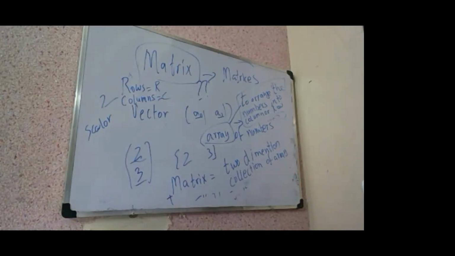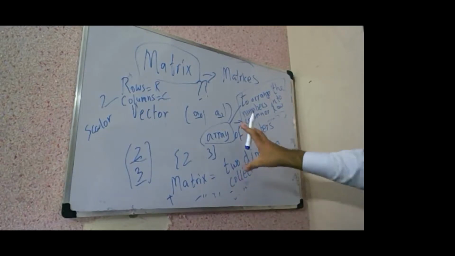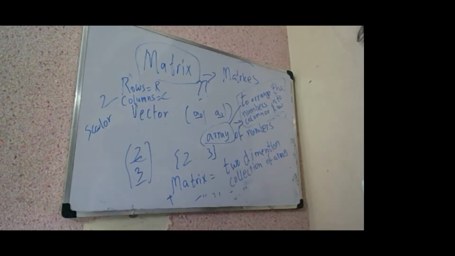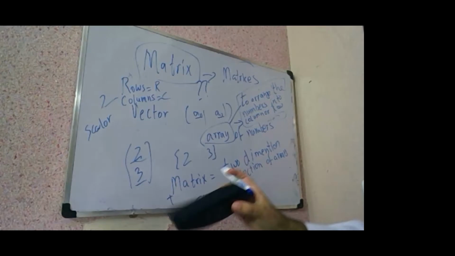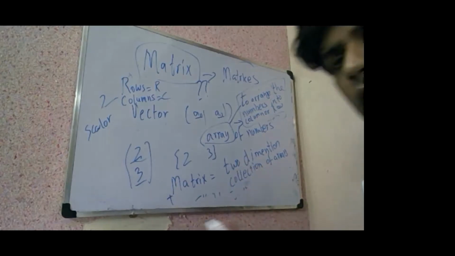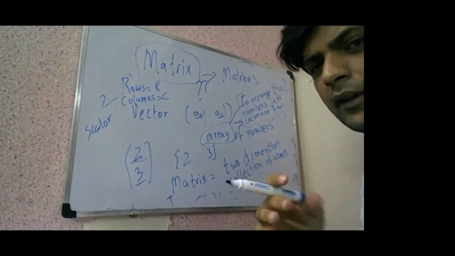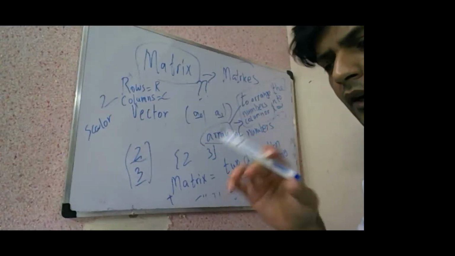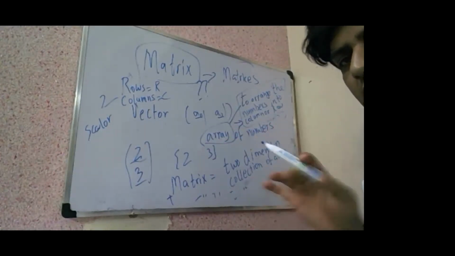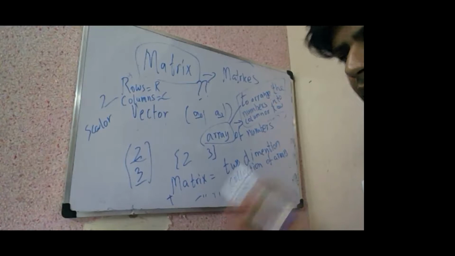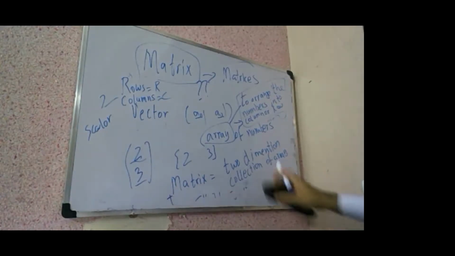In financial economics and financial analysis, we use matrix for what? To conduct portfolio. You already know portfolio. Portfolio means investment in smaller parts to maintain at least a sustainable return. So this you understand, right?